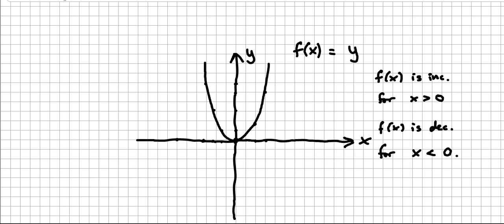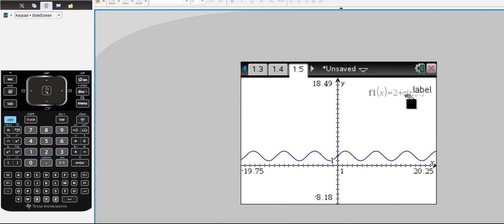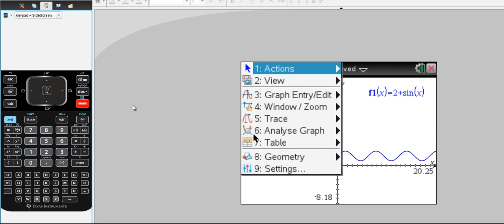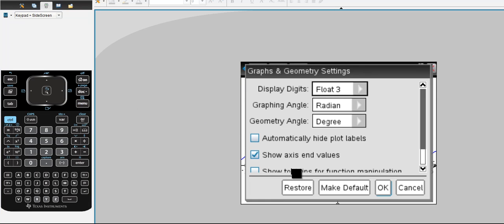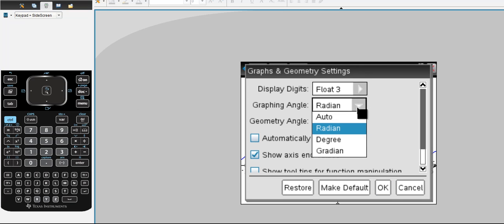Let's have a look at a function. This is the function 2 plus sine of x. I happen to have this set up in radians, but let's change this to degrees so we know how to do it. Settings, graph angle, degree.